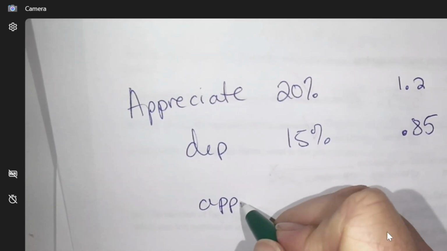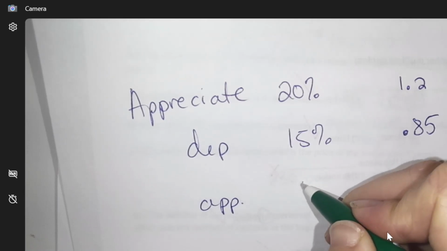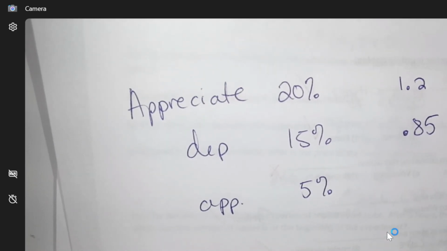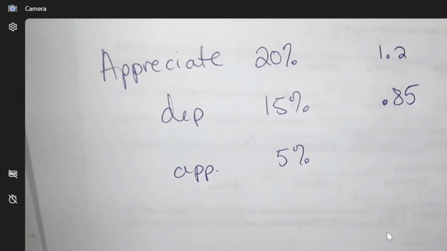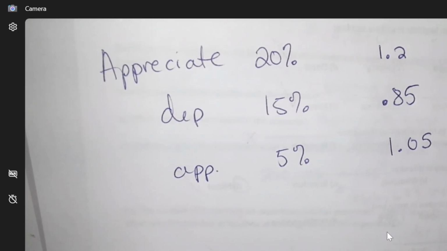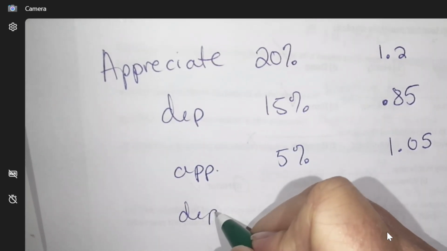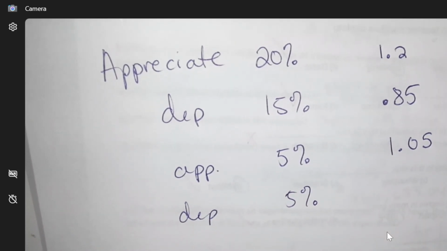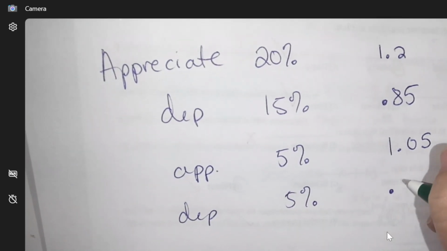What if you appreciate by 5%? 1.05. What if you depreciate 5%? 0.95. We seeing this pattern?